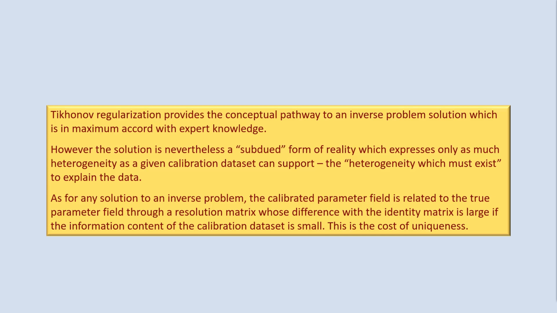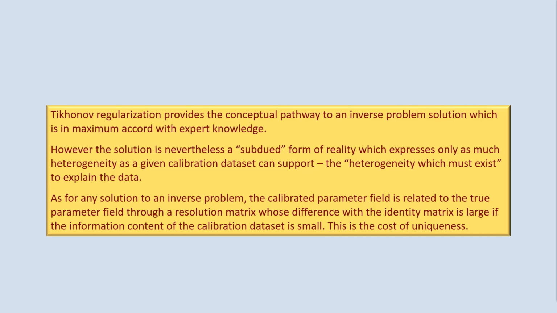However, the most we will get out of solution of that inverse problem, regardless of which regularization method we choose to achieve uniqueness, we will never see reality through solution of an inverse problem.